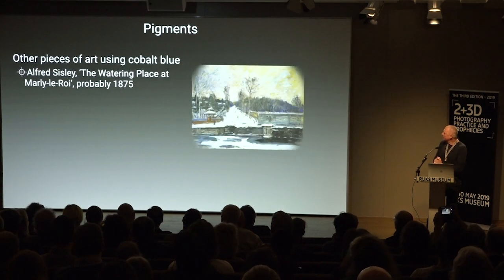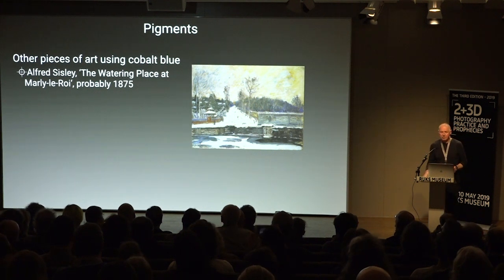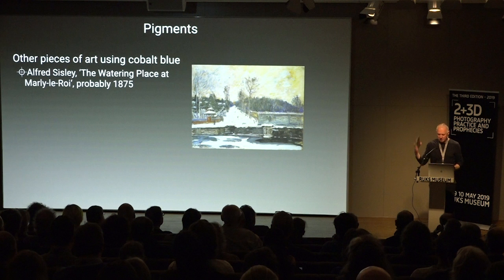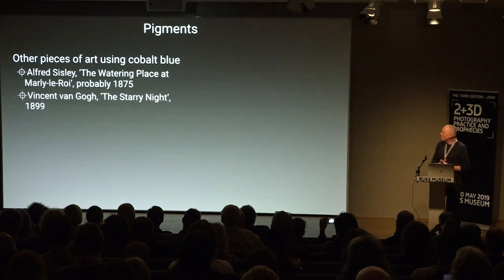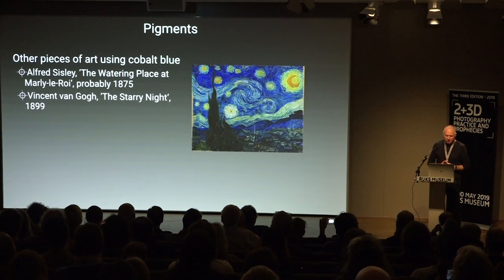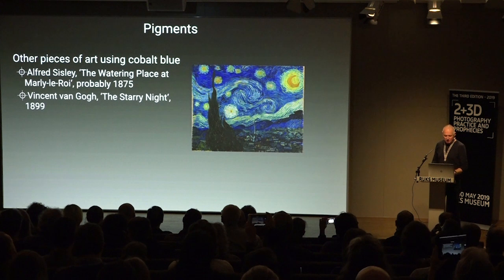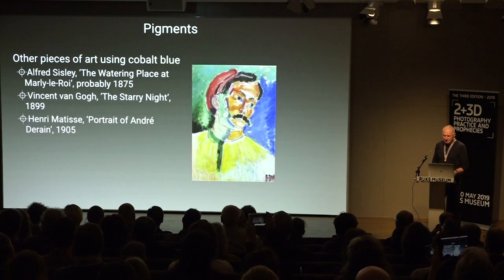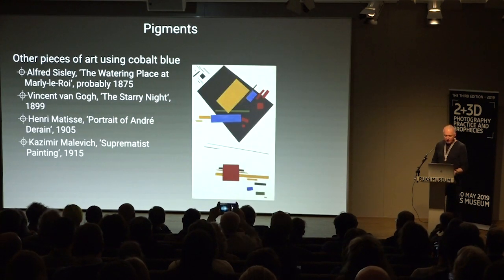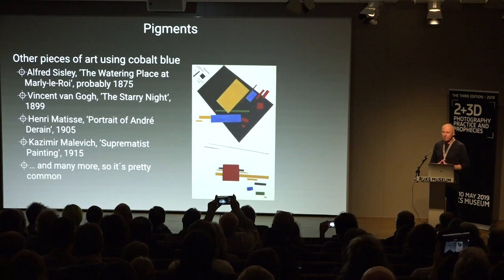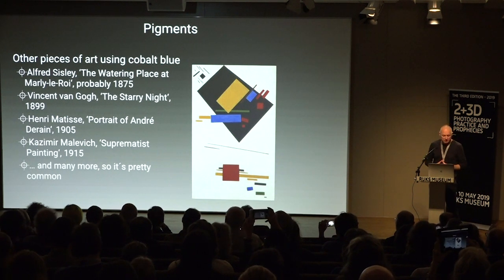So cobalt blue is not unique in this picture. It's a very old pigment, and it is in many pieces of art that we know. So it's pretty common. And so is the problem we have with reproducing these pieces of art.